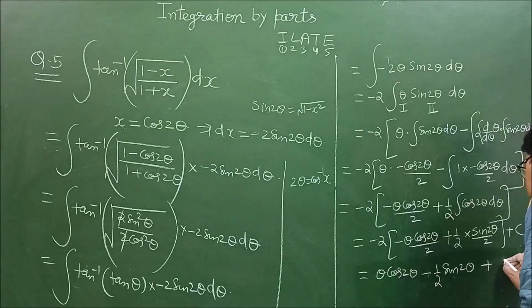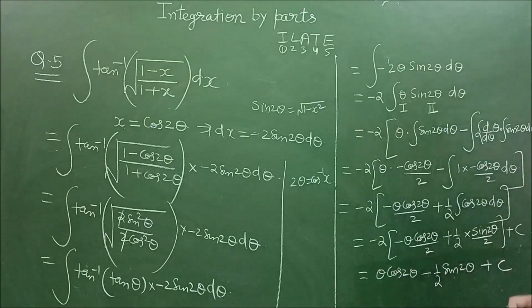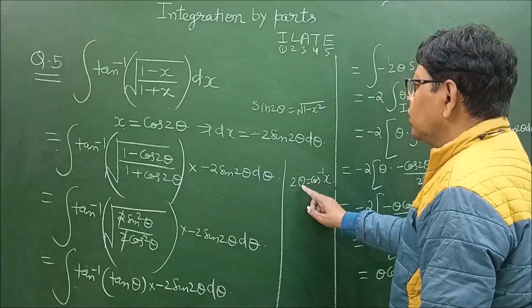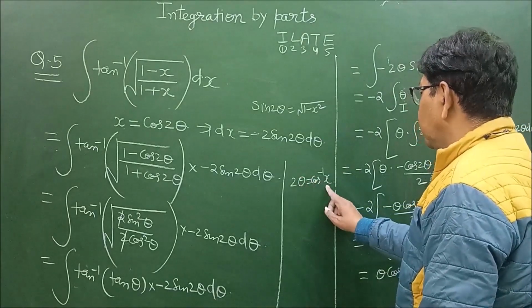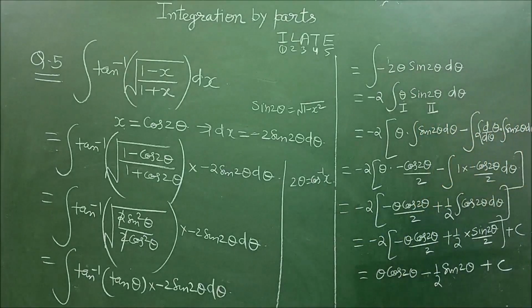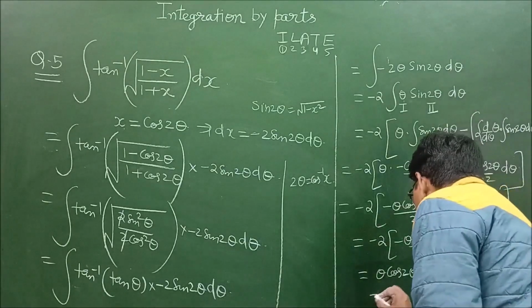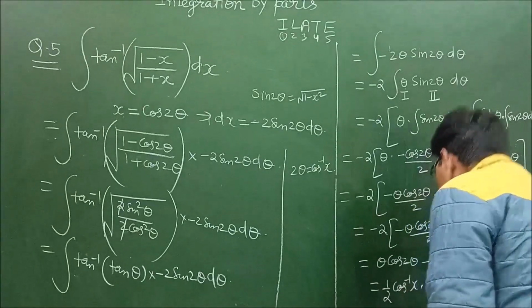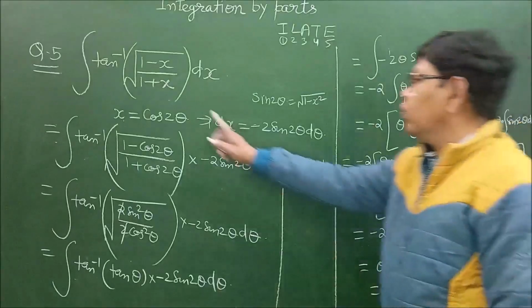Now cos 2 theta is equal to x, so 2 theta is equal to cos inverse x. So theta is equal to half cos inverse x, and cos 2 theta is equal to x.